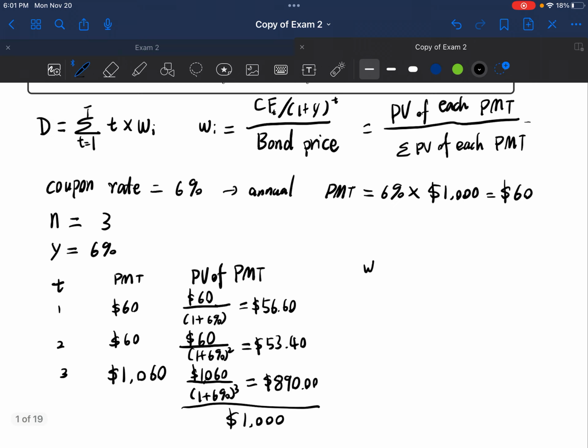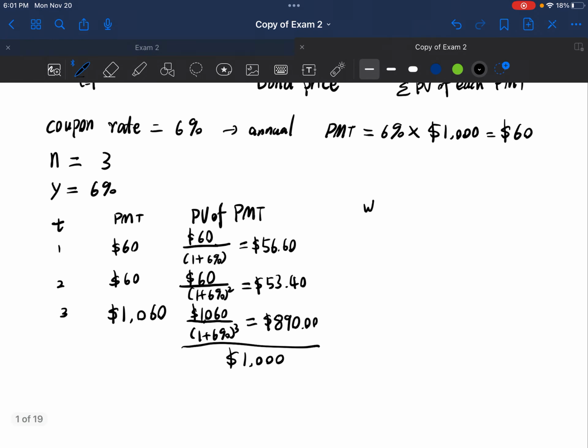So for the first one it's 56.60 over $1,000. That gives us 0.0566. Next one gives us 0.0534. Next gives us 0.89.